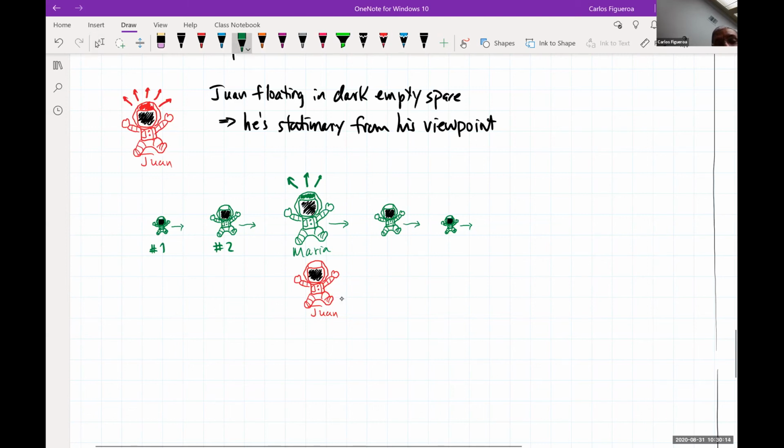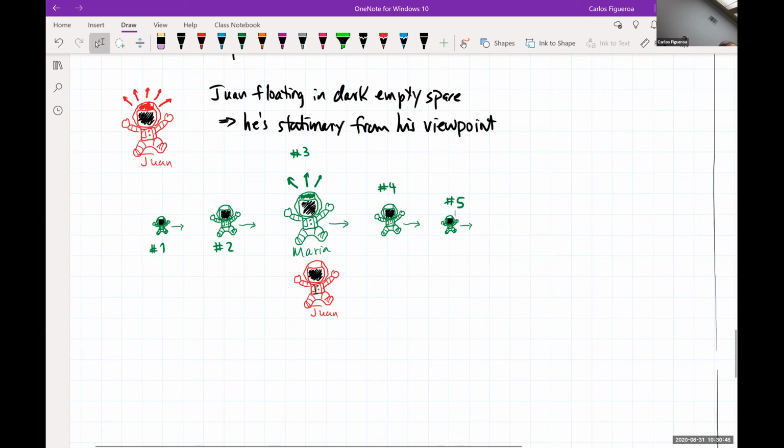And when she gets exactly in the same position as Juan, because they're twins, they're the same size. He still sees her moving past him, and then she recedes off into the darkness. So according to Juan's viewpoint, it's Maria that's moving, not Juan.